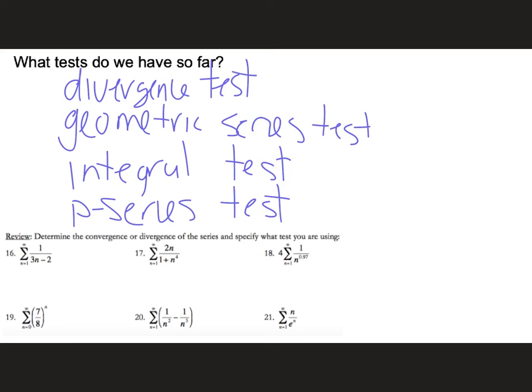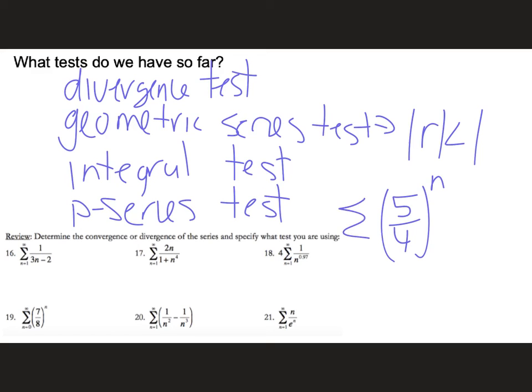That one said we would converge if r is less than 1. If r is bigger than 1, like 5/4 to the n or k or whatever letter we're going to use, n equals 1 to infinity, that one diverges. That helps me kind of explain the divergence test. So the first test you actually want to run is called the divergence test.